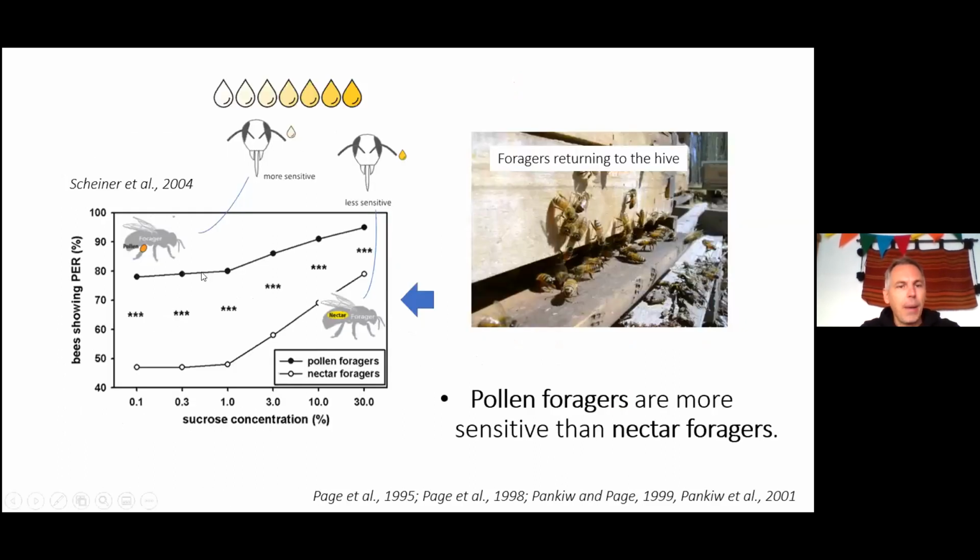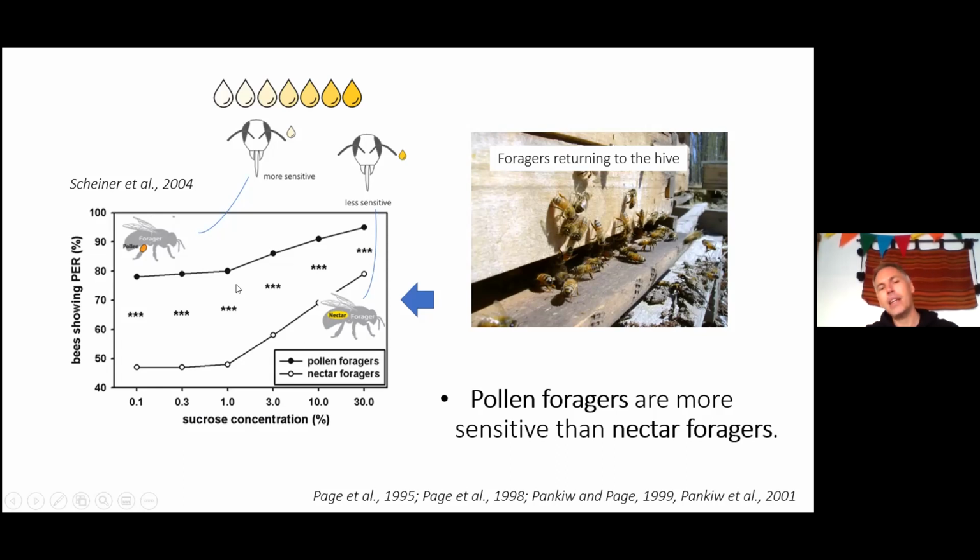This is a figure published by Scheiner which shows what we were talking about, differences in sensitivity between both forager types. Here we have the percentage of bees showing proboscis extension response, and here we have the series of increasing concentrations of sucrose.